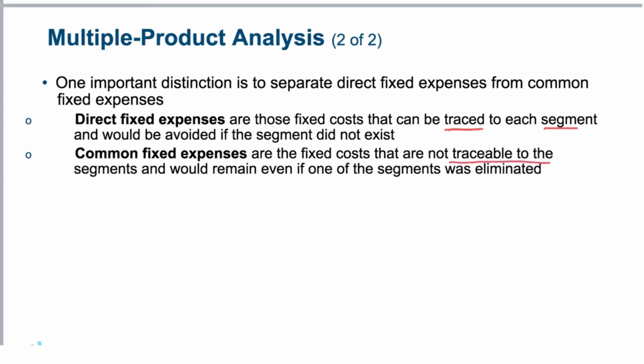And this becomes really important actually in the next module, which is really sort of the culmination of all of this stuff. But common fixed expenses are things that are not traceable to any particular segment, right? So we're using the word segment here as a broad term that really represents the products that we're thinking about at this point.